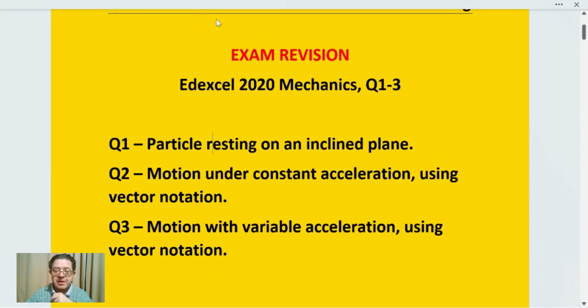So the 3 questions will be: first, a particle resting on an inclined plane and the forces involved; secondly, motion under constant acceleration; and thirdly, motion with variable acceleration. And both of these use vector notation.